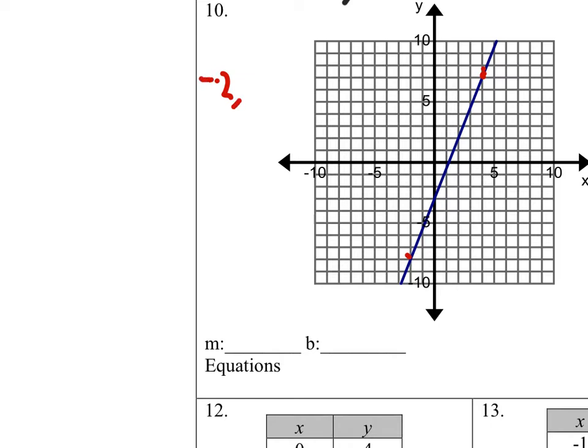Then 1, 2, 3, 4, 5, 6, 8. There, and then there's 1. So yeah, like that. Good.